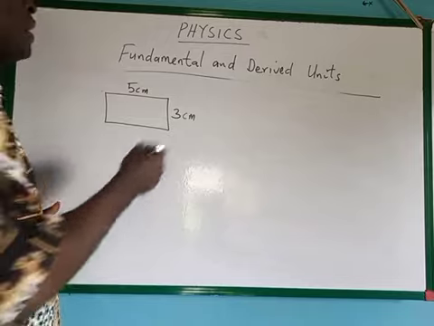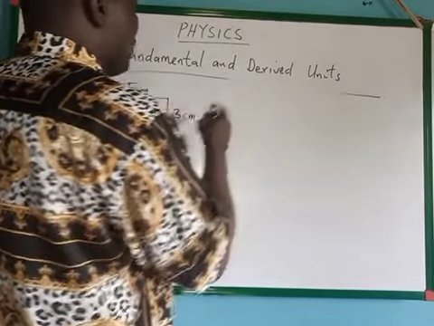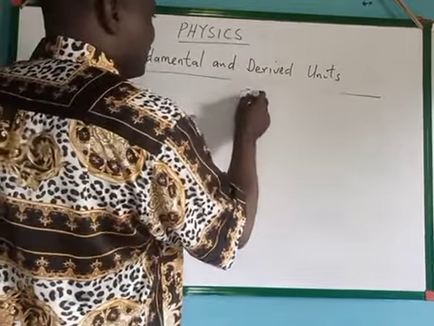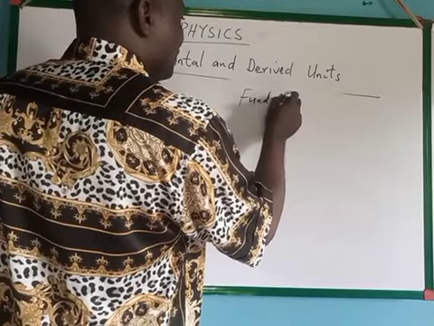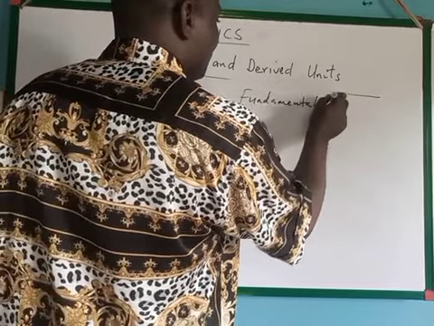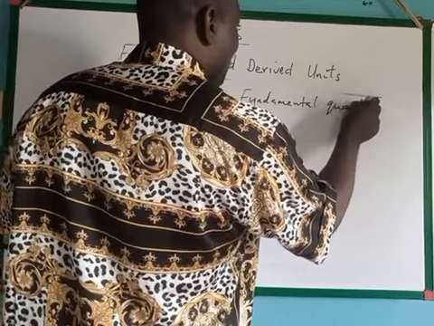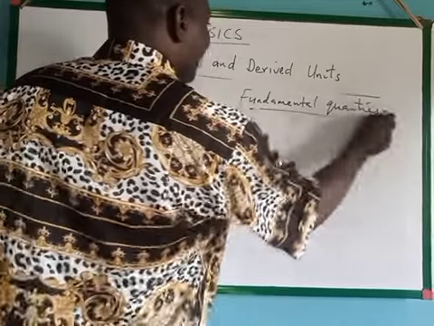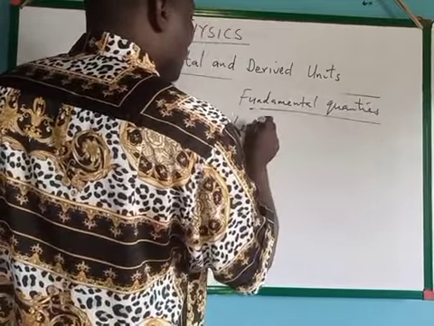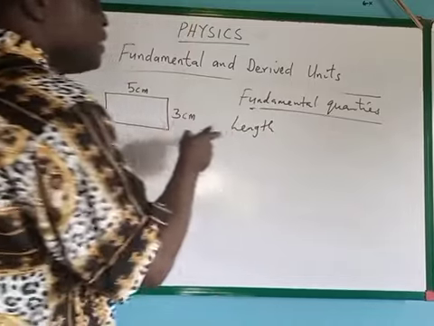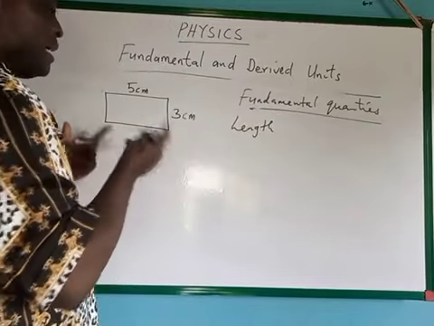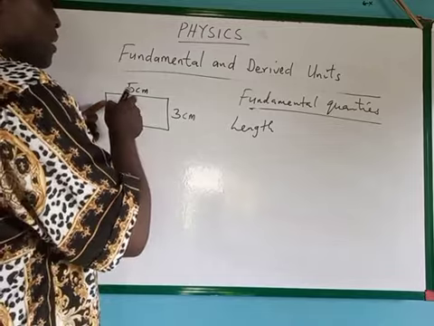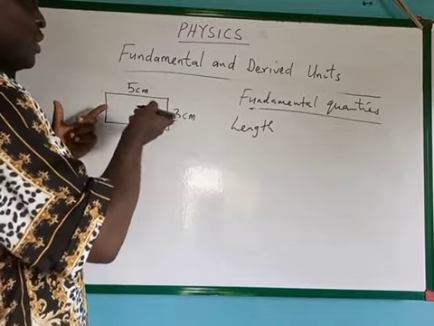Okay, we said the other time examples of fundamental quantities. Examples that we gave is what? Length. So you ask yourself, what is the unit of length? If I measure a length, I just said that you must attach the units.